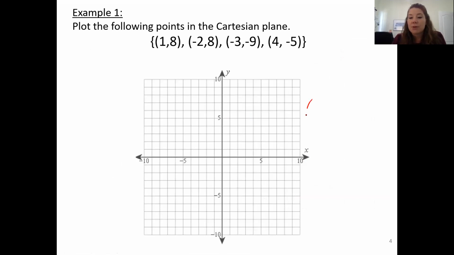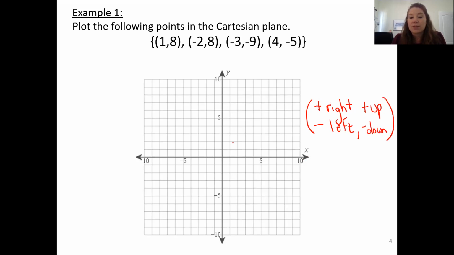The first number is going to tell you how to move on the x-axis. If the first number is positive, you're going to go right on a coordinate plane. If the first number is negative, you're going to go left. And your second number, if it's positive, you're going to move up. And if it's negative, you're going to move down.